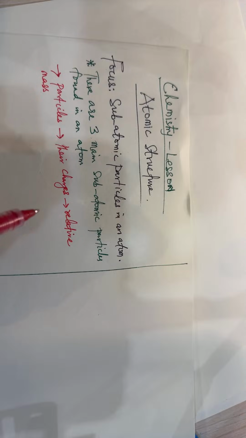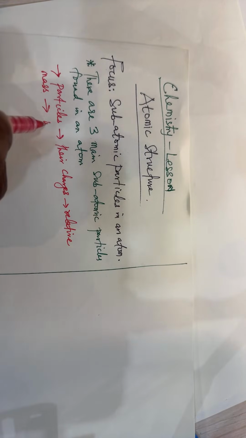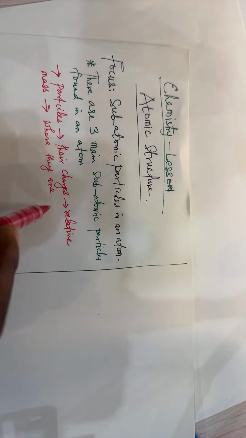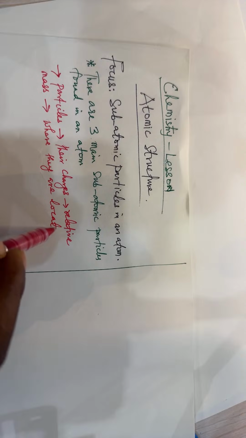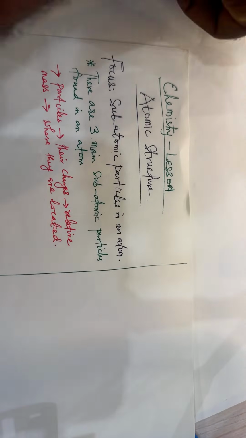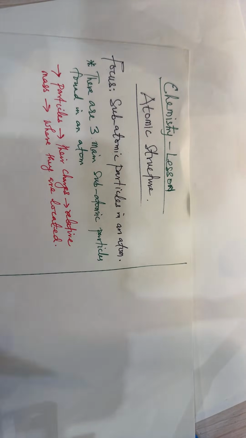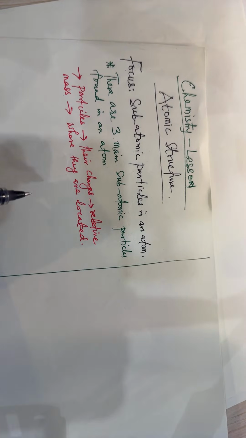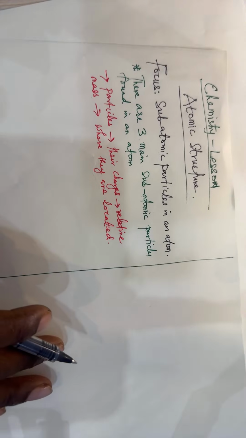You can call it relative atomic mass as the case may be. And then lastly, I'll also show you where they are located. So these are the things I'm going to be covering right now. So let's go ahead. Now let's use a tabular form to make this look so easy for us.